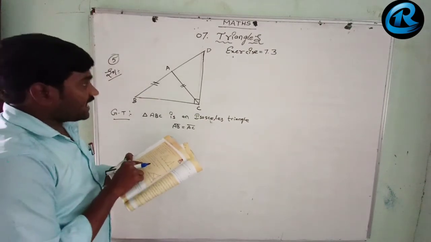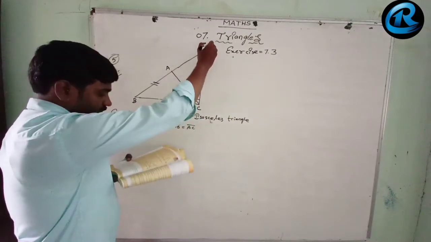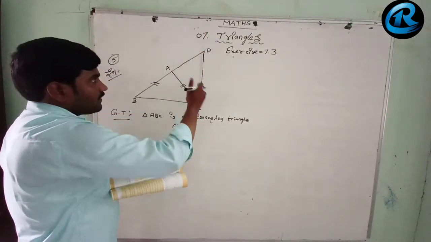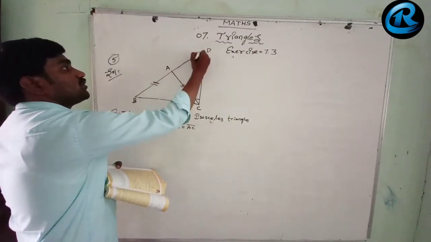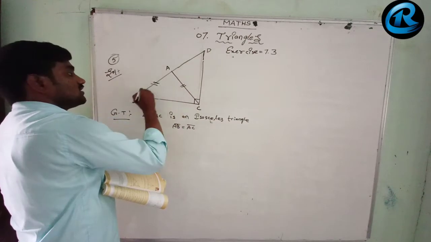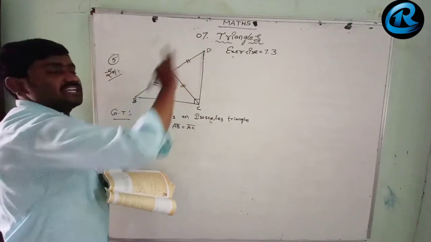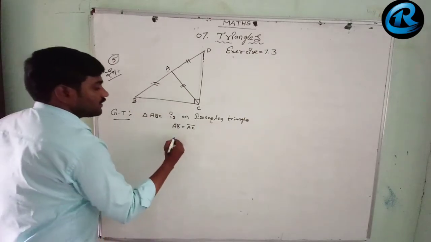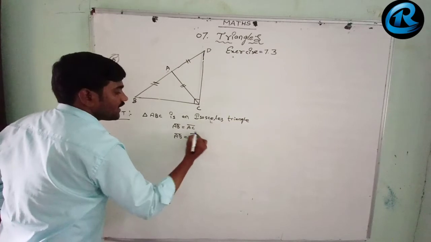BA is produced to D such that AD equal to AB. Here BA is produced to D. How much did they produce it? Such that AB and AD are the same length. So here AB is also equal to AD.